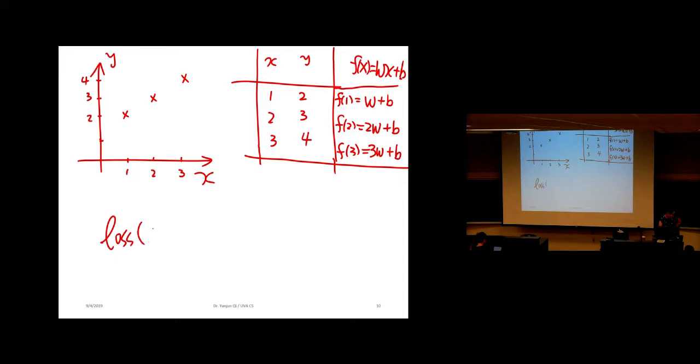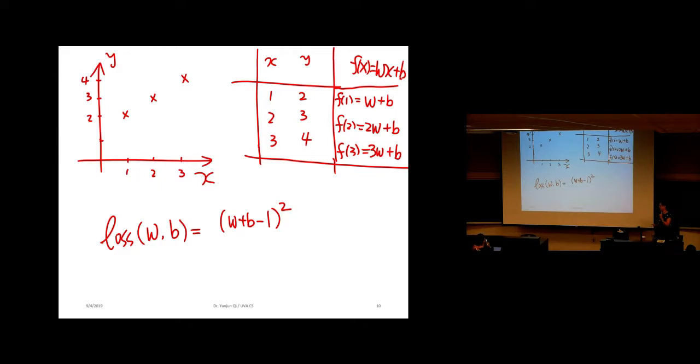The loss function has the parameters w and b; the only unknowns now are w and b. I want to measure how close f1 is to y, because that's my goal. So what I need to write there is w plus b minus 2. Let's use a quadratic function, and this represents the first point error.